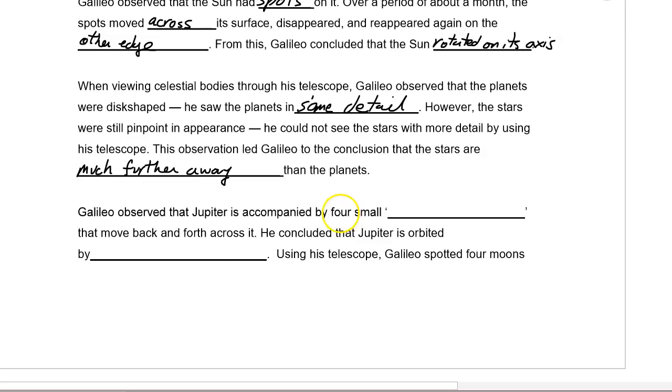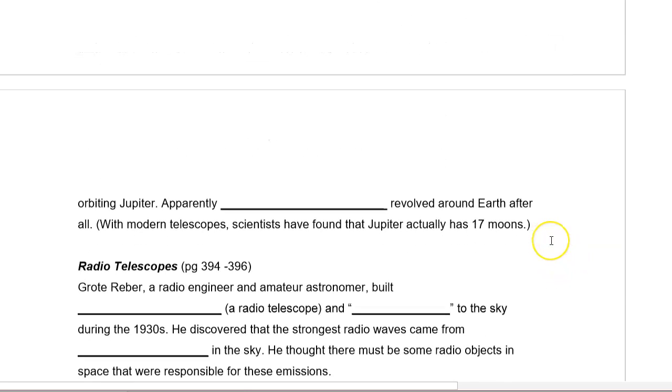Anyway, Jupiter was accompanied by 4 small stars that moved back and forth across it. And so he figured that these 4 stars were actually 4 moons. They are the largest of Jupiter's moons, but he observed that.